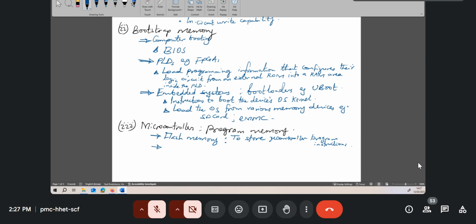Also in MCUs, you will find the use of EEPROMs.